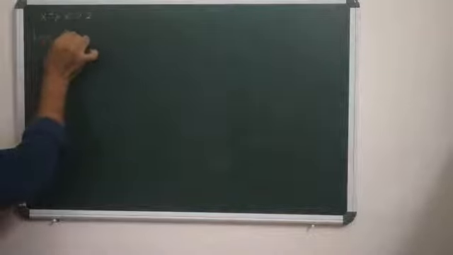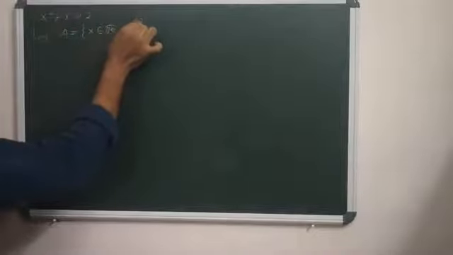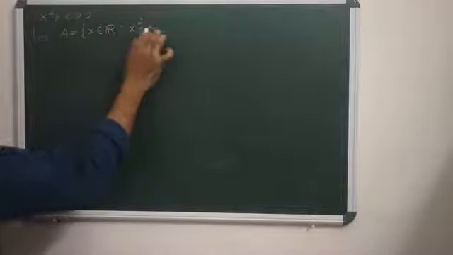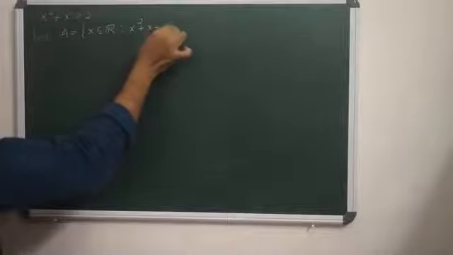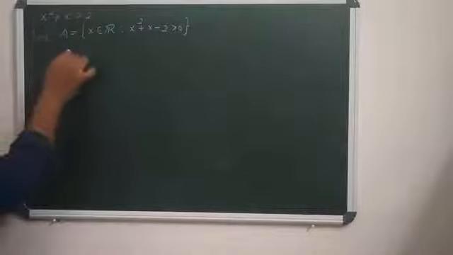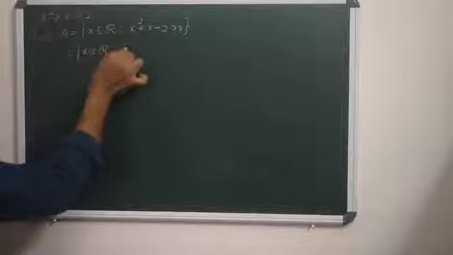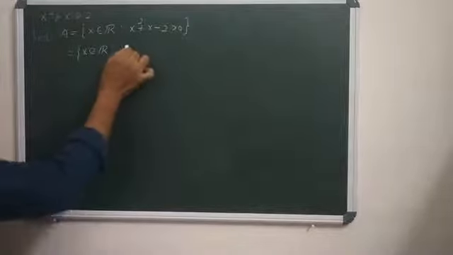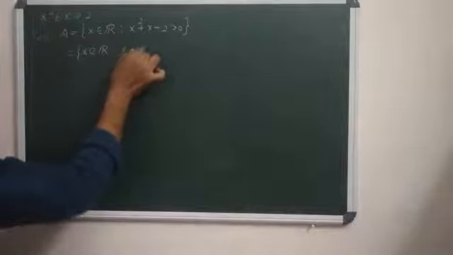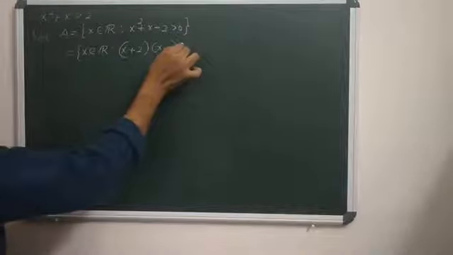Let A equal the set of all x in R such that x square plus x greater than 2. x square plus x greater than 2 means x square plus x minus 2 greater than 0. That means A equals the set of all x in R such that x plus 2 into x minus 1 should be greater than 0.